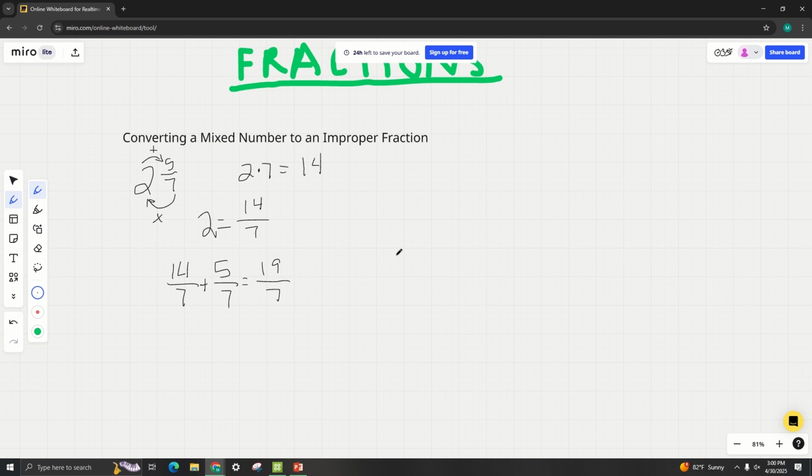And that is how we convert a mixed number to an improper fraction. It's the exact opposite. Notice how we had to divide when converting an improper fraction to a mixed number. This is the opposite. I'm going to multiply.